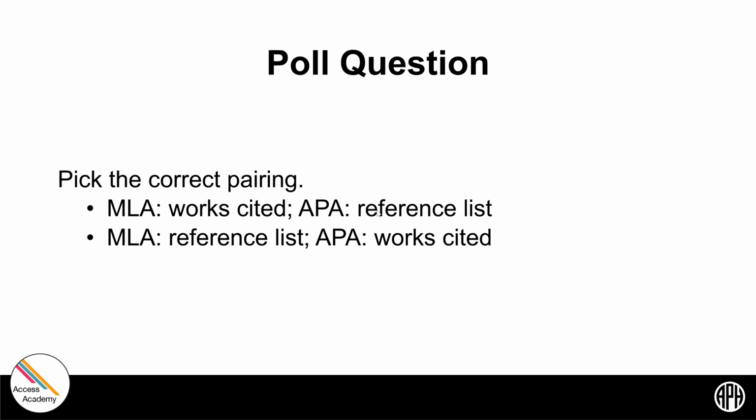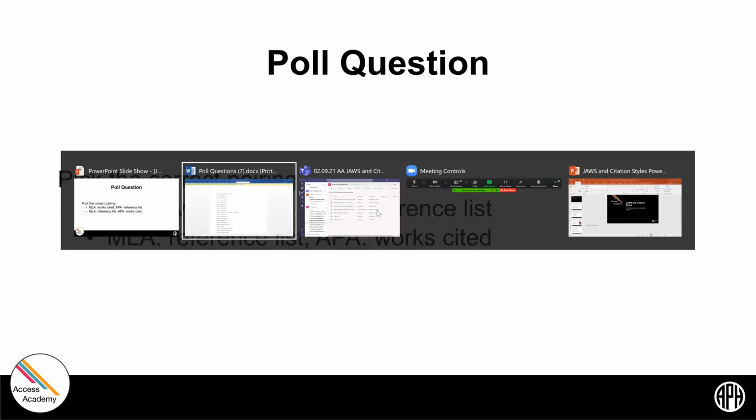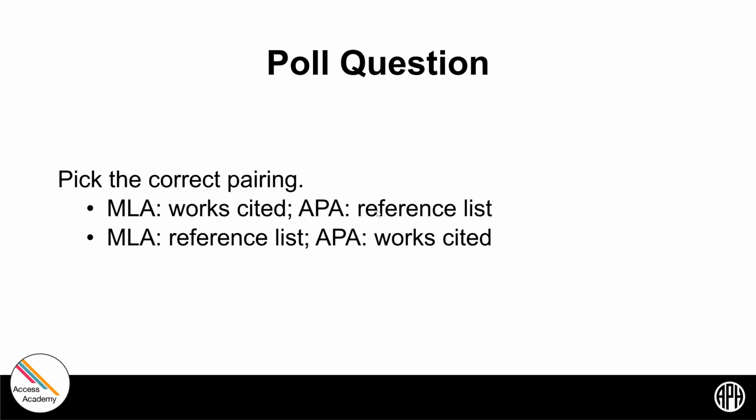So always refer to the latest style guide. And of course, some teachers may want you to use the last version. It's really going to be specific to the class, but you can also refer to the latest style guide for the most up-to-date information. APA is the American Psychological Association.